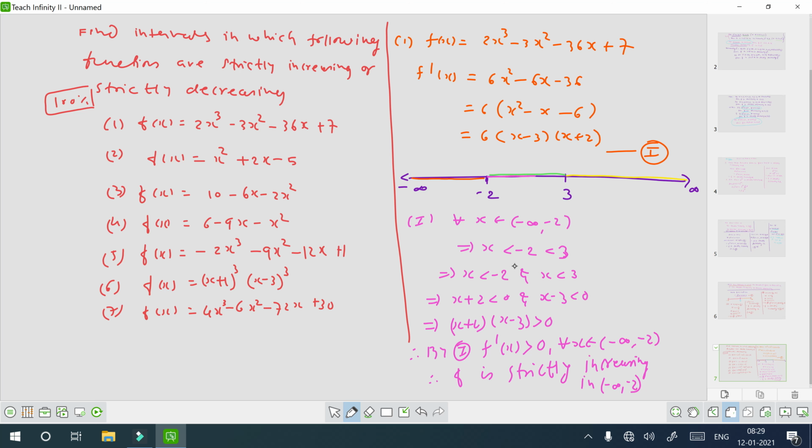Second case, what we have to take? Minus 2 to 3. For all x belongs to the open interval minus 2 to 3, this says that minus 2 is less than x less than 3. This says that x plus 2 is greater than 0, x minus 3 is less than 0. The product of one positive and one negative quantity is negative.